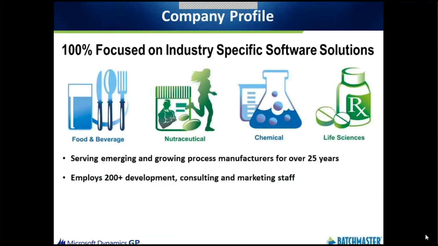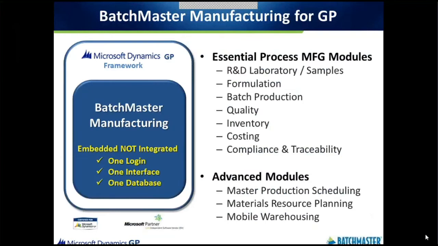Now, before we begin, for those that don't know who BatchMaster Software is, we're focused on developing and implementing process manufacturing software solutions. We focus on food and bev, Nutra, chem, and life sciences. We've been around a while, and our solution is embedded within the Microsoft Dynamics GP framework.